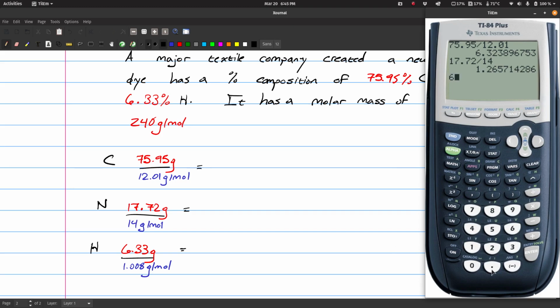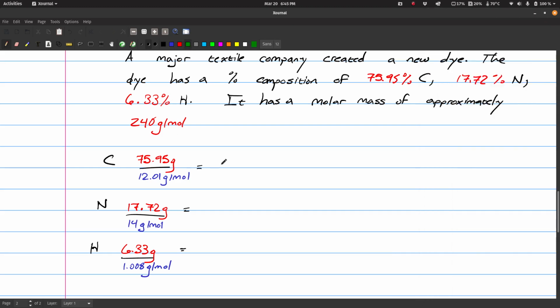And 6.33 divided by 1.008, it's about 6.28, whatever. It's not going to make that big of a difference. So we're going to do 6.3, 1.3, 6.3. So now that we have a ratio, we have to divide each of these by the lowest number, which is 1.3.